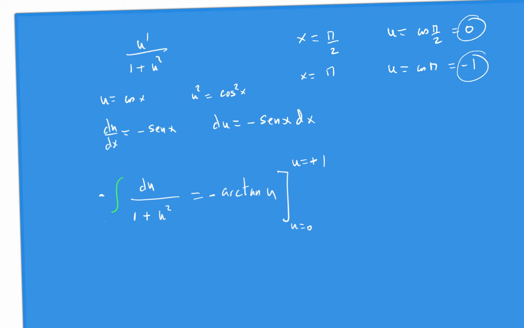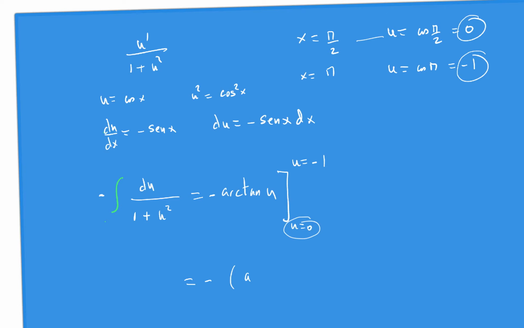I think there is a minus sign here. Okay, so it will be equal minus. Let me correct here. From x equal pi divided by 2 is 0, the lower limit, and this is minus 1, the upper limit.